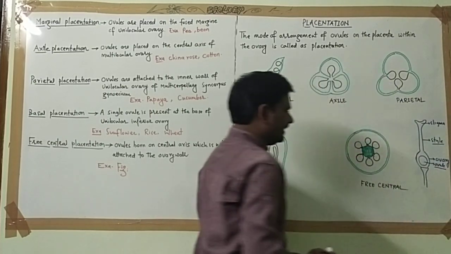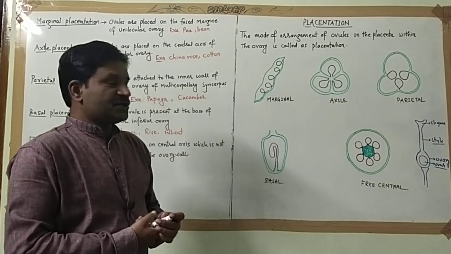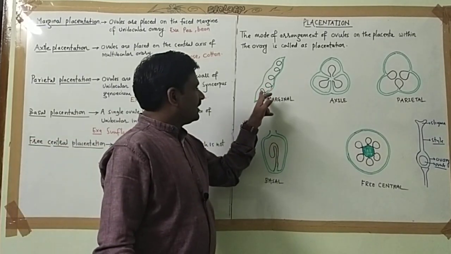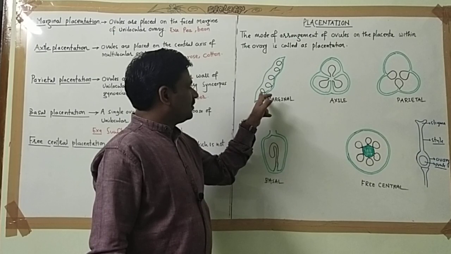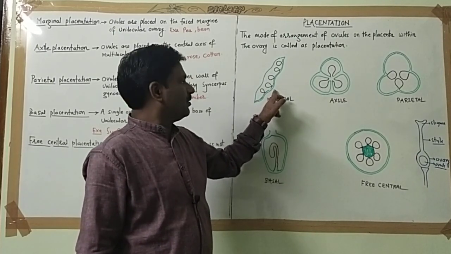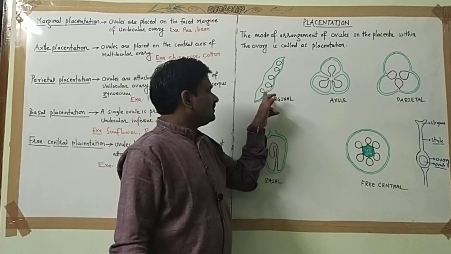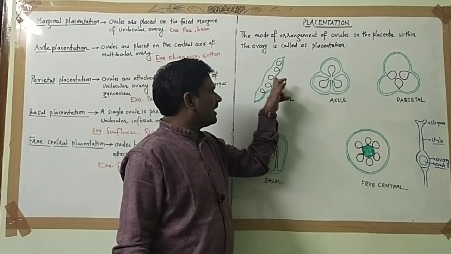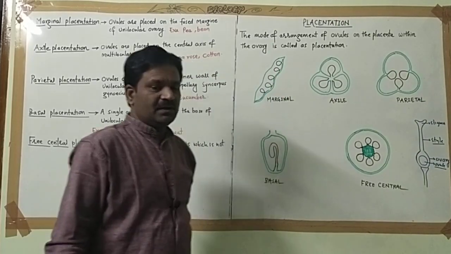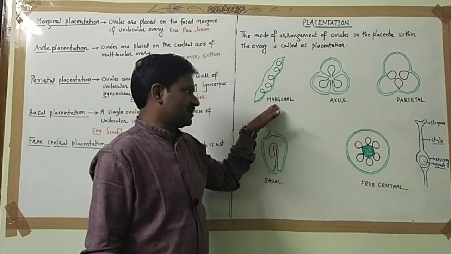Now see the arrangement of the ovule. Here the ovules are attached at the margin of the ovary. Inside the ovary, all the ovules are arranged on the margin of the ovary. That's why this placentation is the marginal placentation.